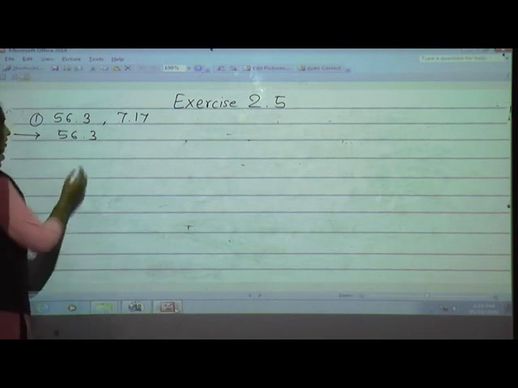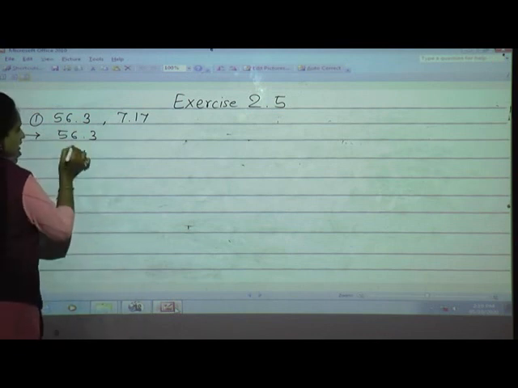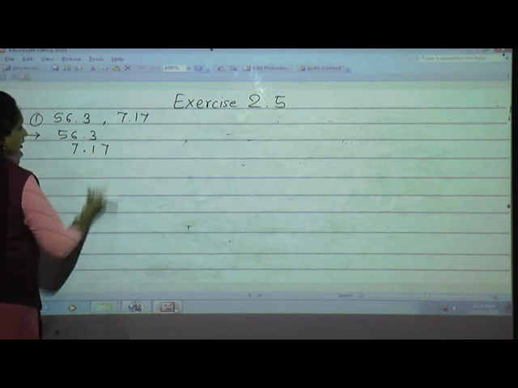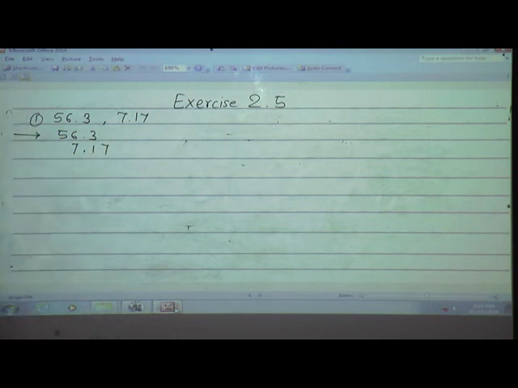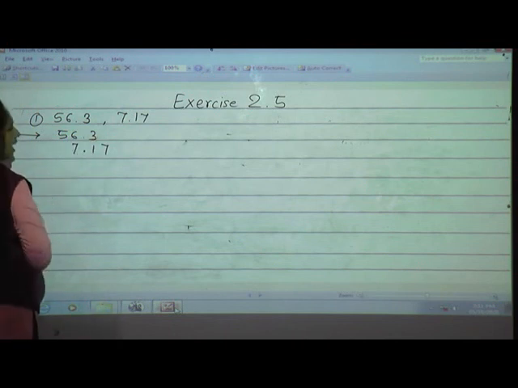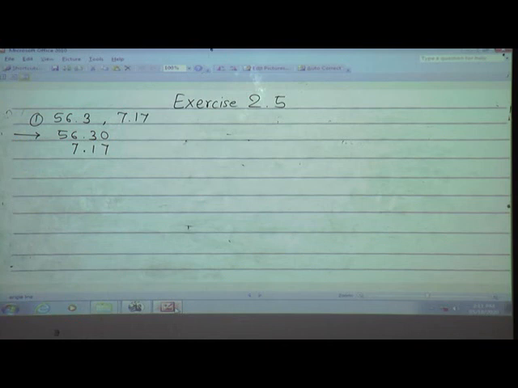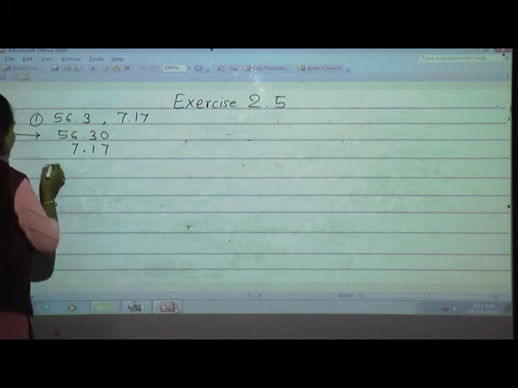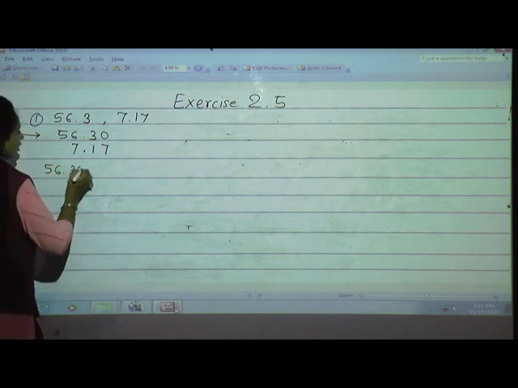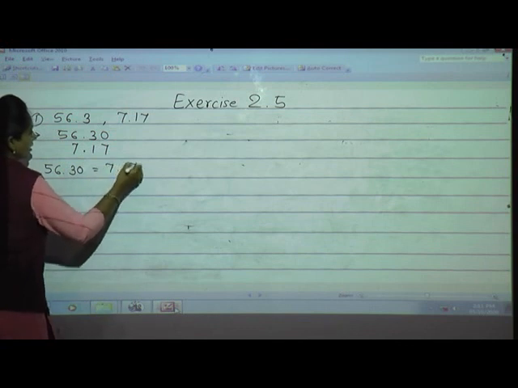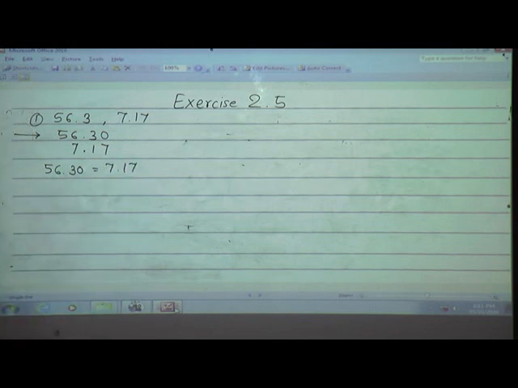Now below the decimal give the decimal, then 7, then 17. Then what you can do here is, after 3 you can add 0, isn't it? Adding 0 at the end has no value, so you can add. Now we can say that 56.30 and 7.17 are like decimals. Now we have converted both into like decimals.